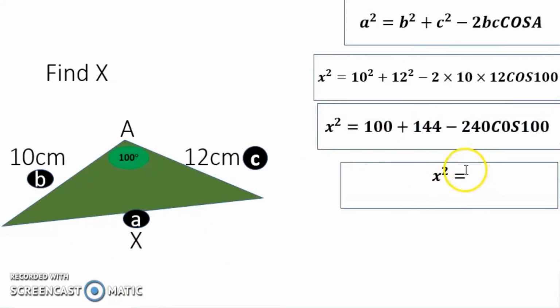Our 100 plus 144 is 244. So we are having 244 minus 240 cos 100.